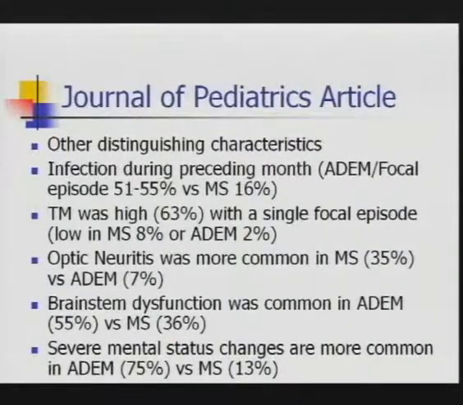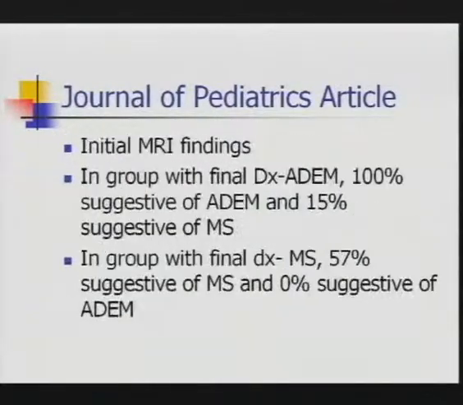Brainstem dysfunction overall was much more common in ADEM, as were mental status changes. And that last point is one I always drive home to the residents: a change in mental status associated with a hemiparesis and ataxia in a child who's had a preceding episode is usually ADEM until proven otherwise.